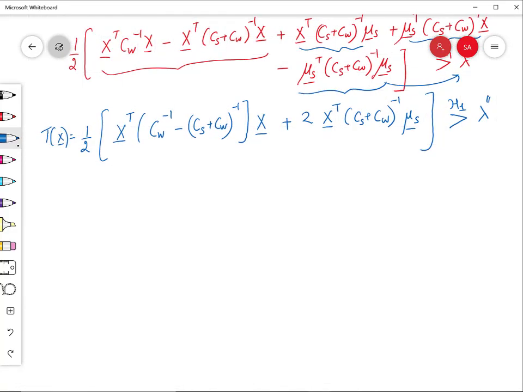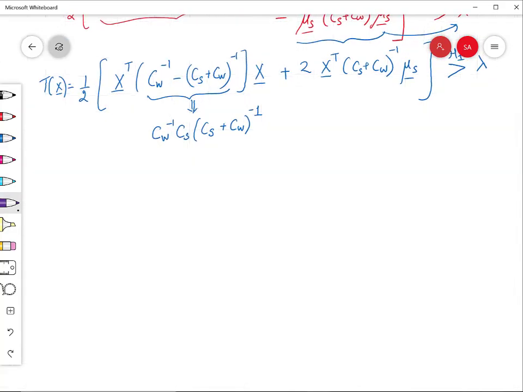And let me further simplify it. I can approximate again using the same matrix inversion lemma. I can write this particular quantity as CW inverse CS (CS plus CW) inverse. I've just used this matrix inversion lemma.